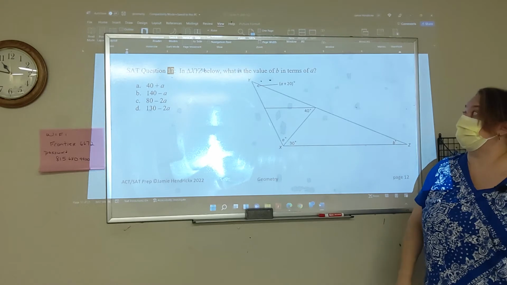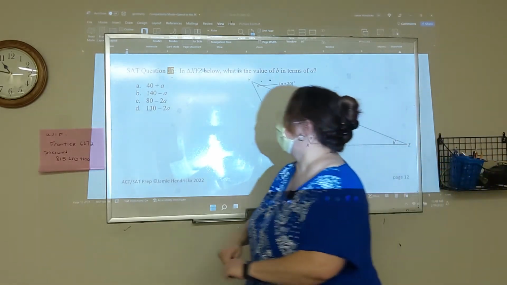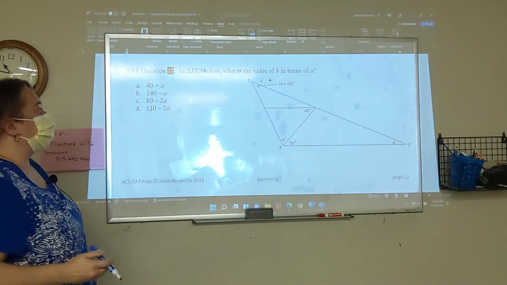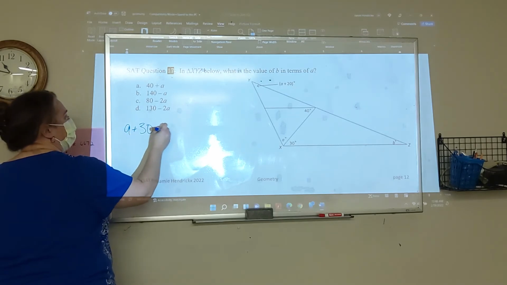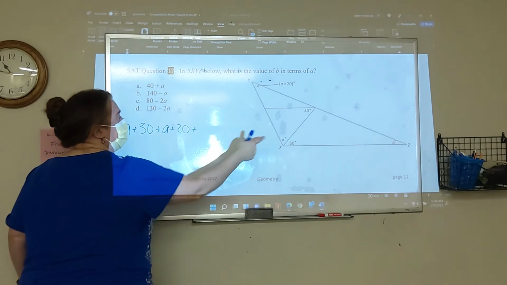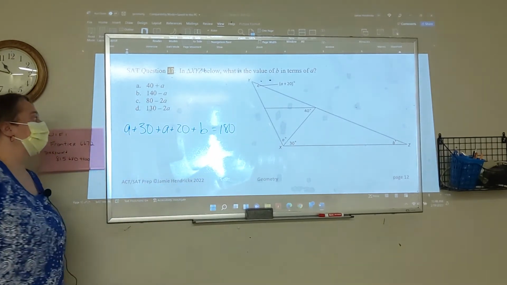So in triangle XYZ below, what is the value of B in terms of A? I'm going to use the big guy. So XYZ, I know that when I add up the angles of my triangle, I should get 180. So angle X is A plus 30. Angle Y is A plus 20. Angle Z is B. And that should give me 180 degrees.